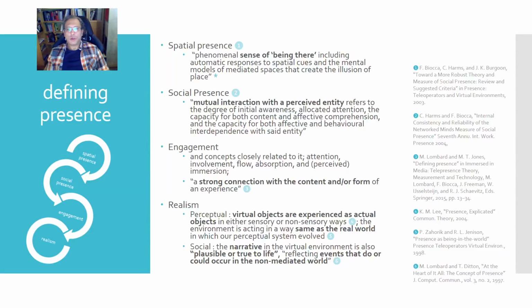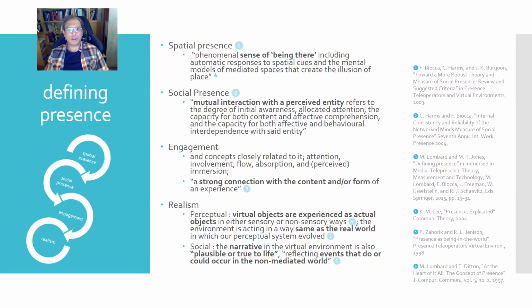So, in order to define presence, there are several dimensions of presence, several things that might be related with presence. One thing is the spatial presence, the phenomenal sense of being there and automatic responses to spatial cues and mental models of mediated spaces. These are related with spatial presence.